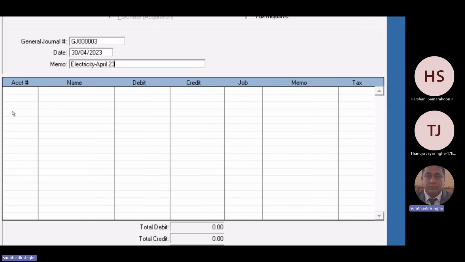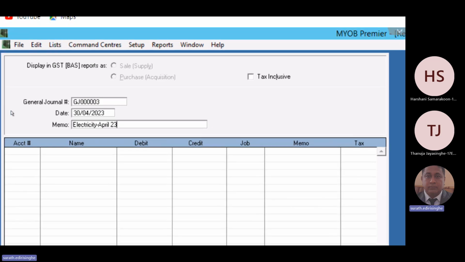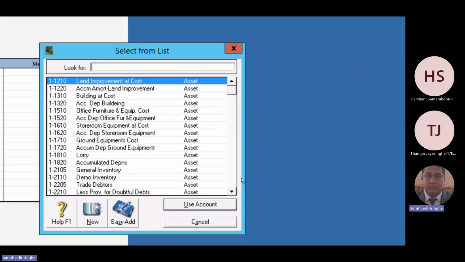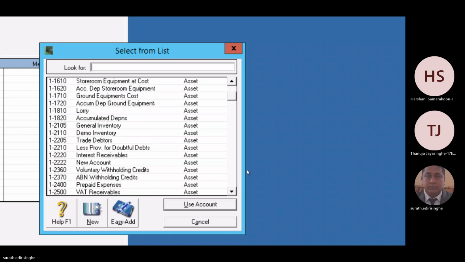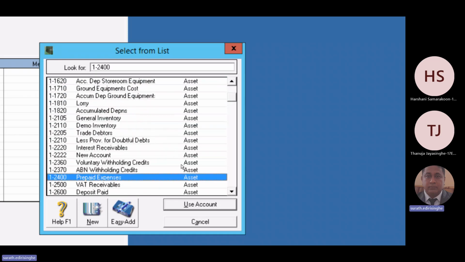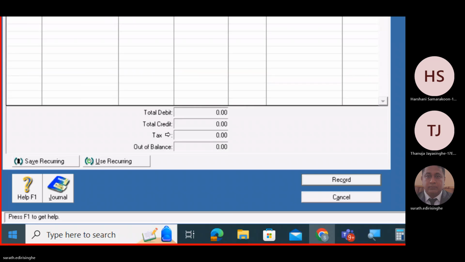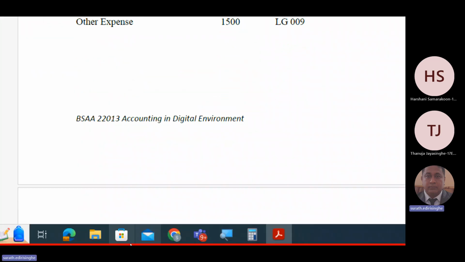Recognize the correct expenses. Now I debit my prepayment account under the asset section, Prepaid expenses. Use this account under the electricity payment, 8,000.